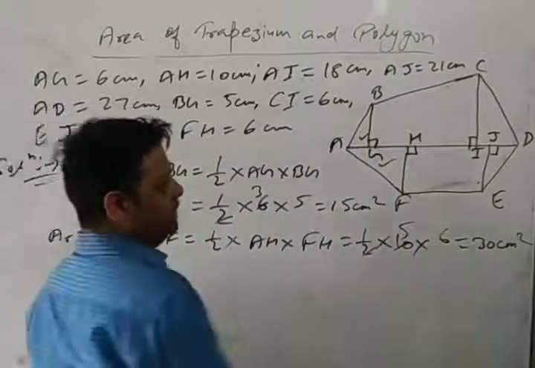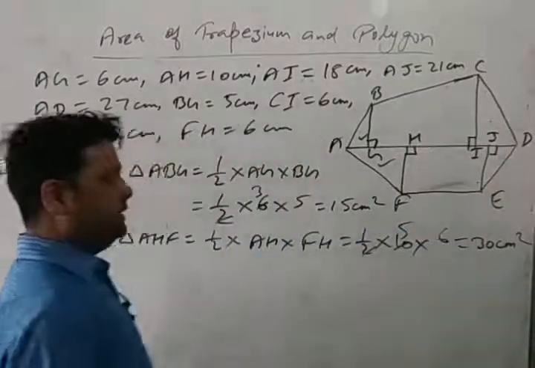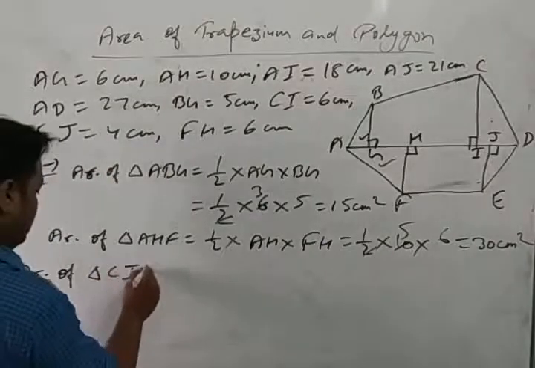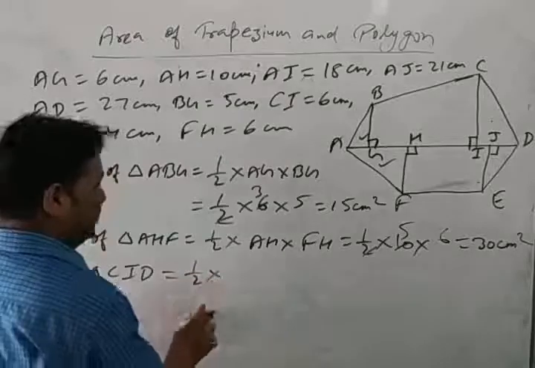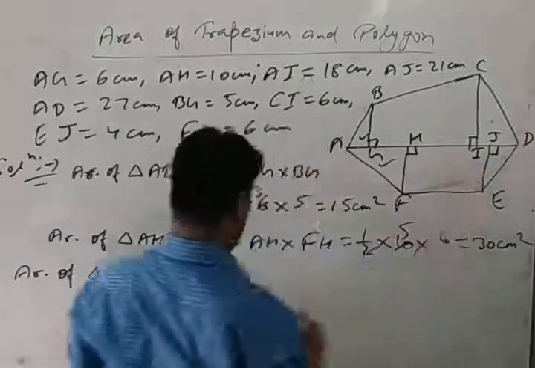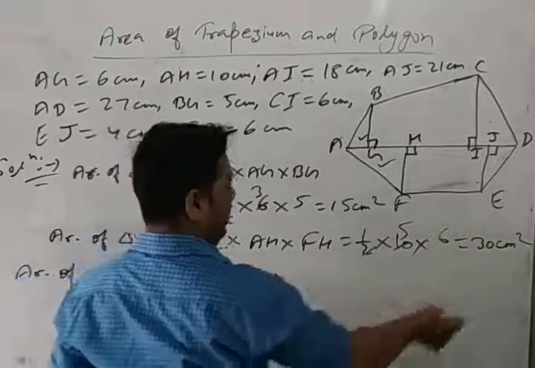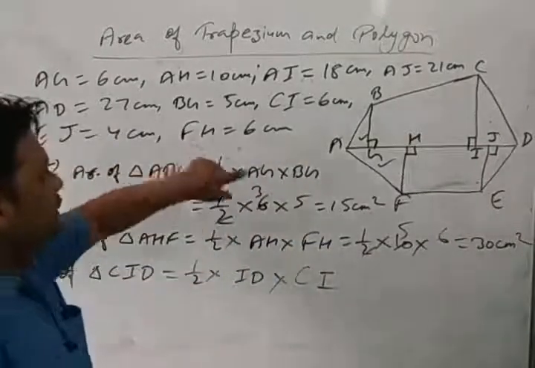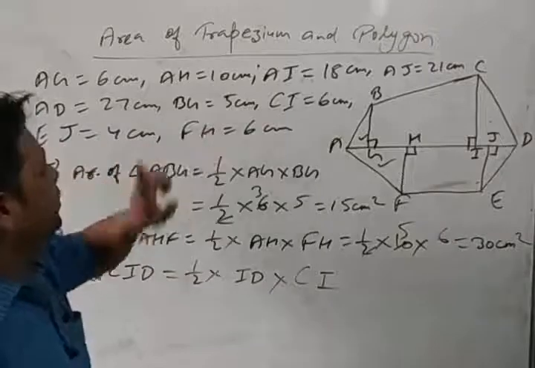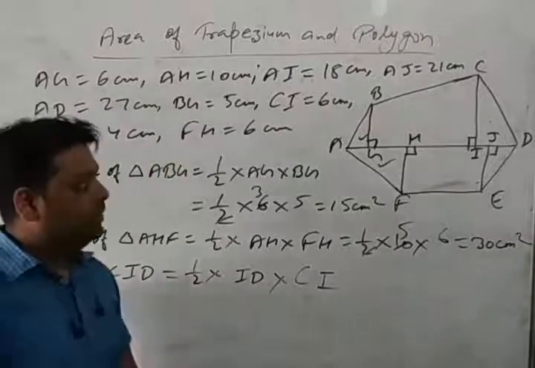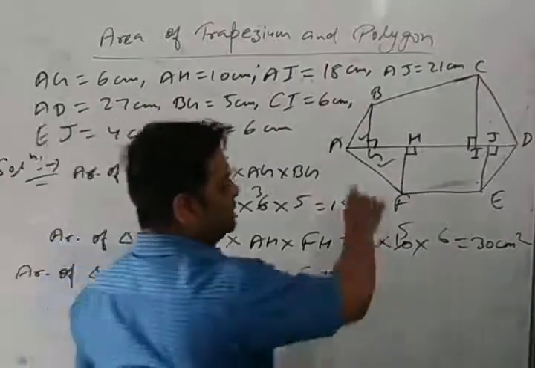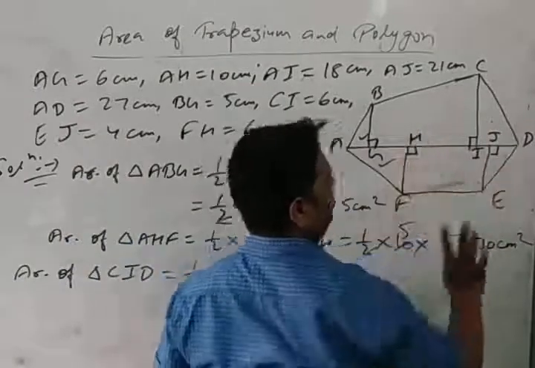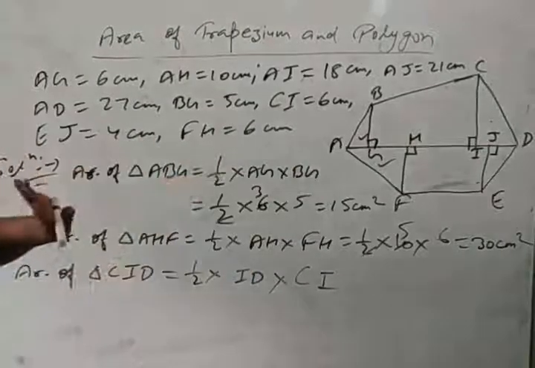Now find the area of triangle CDI. 1 by 2 into base ID and height CI. The value of ID is not directly given, but if you subtract AI from AD, then you will get ID. AD and AI values are both given.